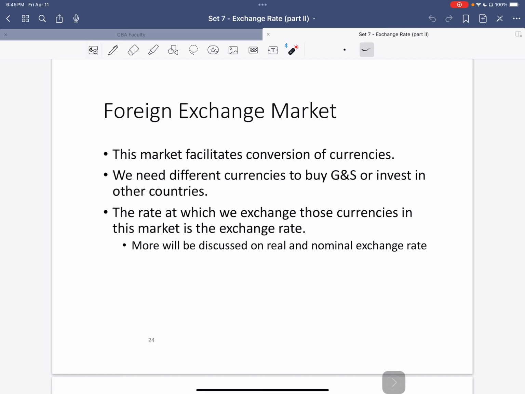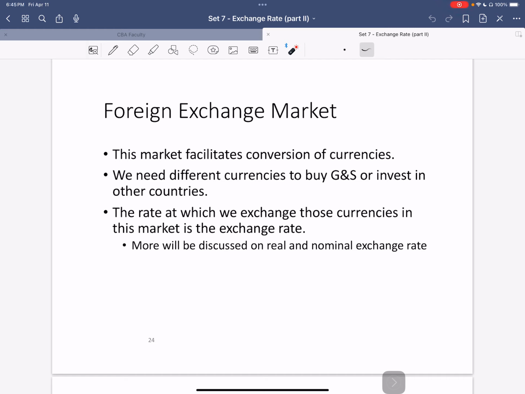In the foreign exchange market, this market actually facilitates the conversion of currencies. For example, if I want to exchange my US dollar into Canadian dollar, there's a market where I can exchange it. There's a specific rate for that exchange, which is the price of those currencies. So we need different currencies to buy goods and services or invest in other countries.